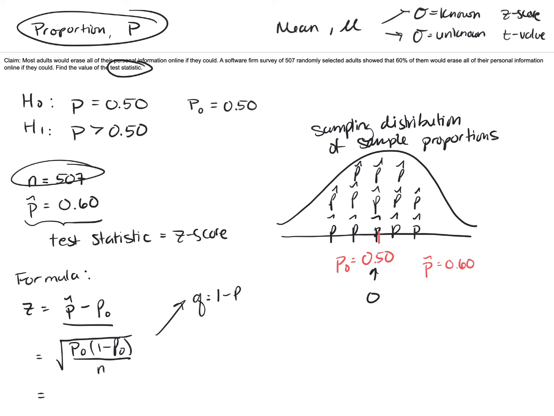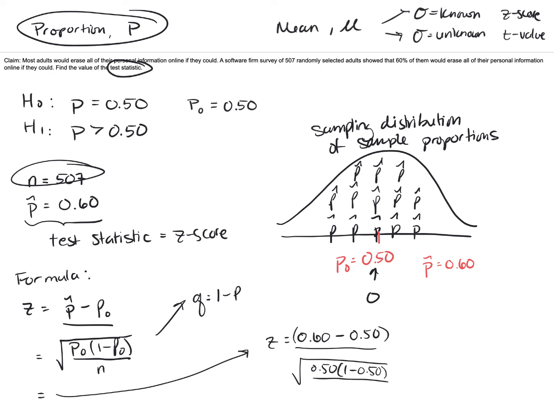So let's take all the information that we have and put it into this formula. I'm going to move to the right here because I need a little bit more space. So that z-score is going to be 0.60 minus 0.50, divided by the square root of 0.50 times 1 minus 0.50, divided by our sample size of 507, and that will give us approximately 4.50.